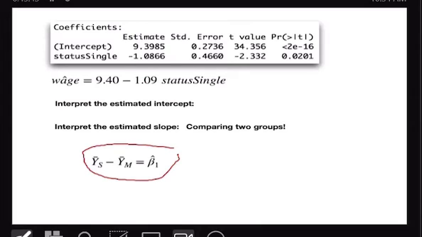Now, when the slope is significant, you know what happened? I've told you how to test the significance of the slope using the p-value, right? If you take a look at this, what do you see? That is significant, right? The p-value is less than 0.05. If beta 1 is significant, you know what that means? It means that in your t-test, there's a significant difference between what they are getting.